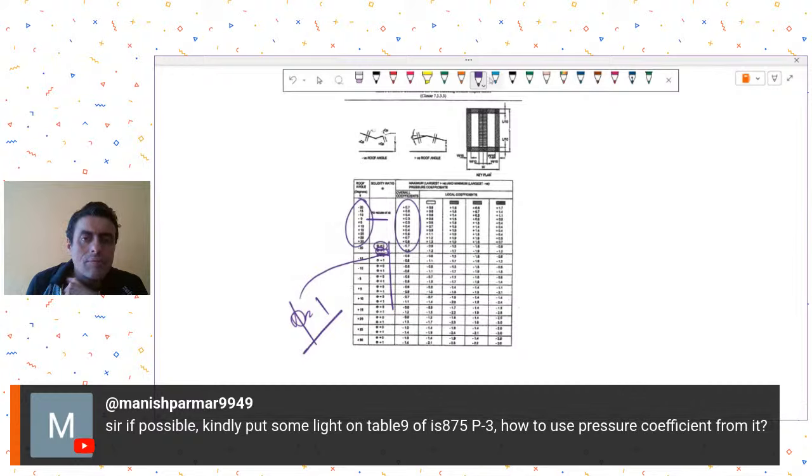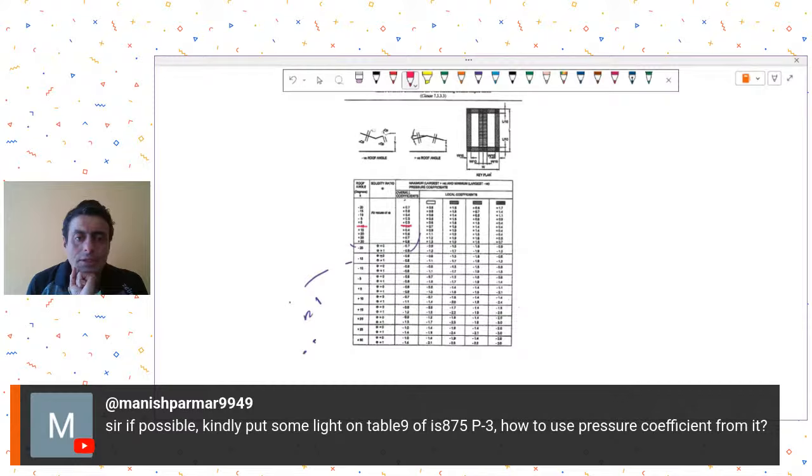So for example, your roof angle will be this positive roof angle. Okay, positive roof angle. So whatever is your positive roof angle, let's say it is plus 5. So this coefficient overall is given as 0.3.